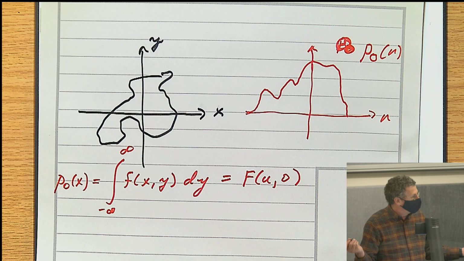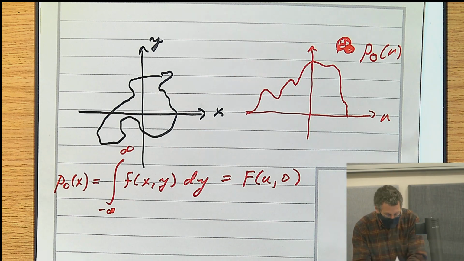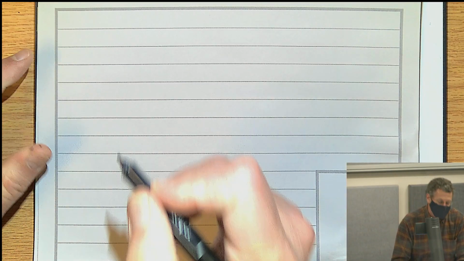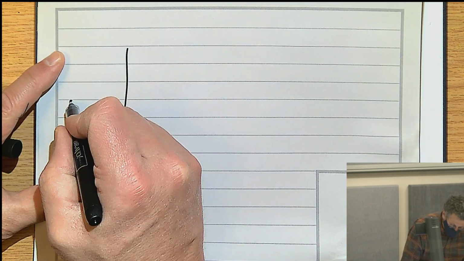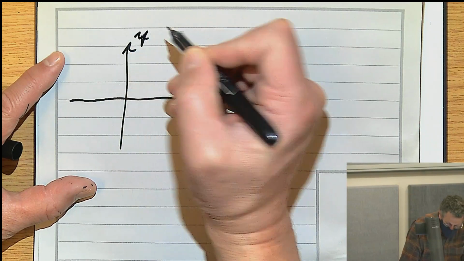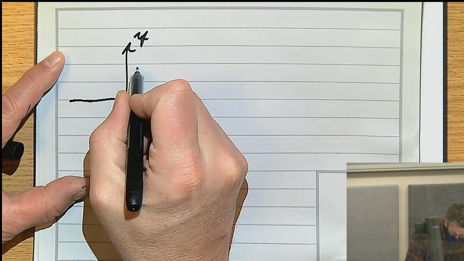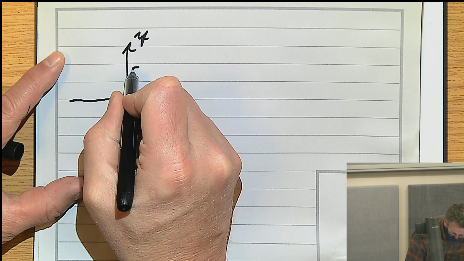Do you get that? The Fourier slice theorem is really obvious once you understand that. Obviously, because if I have some object like this, right?